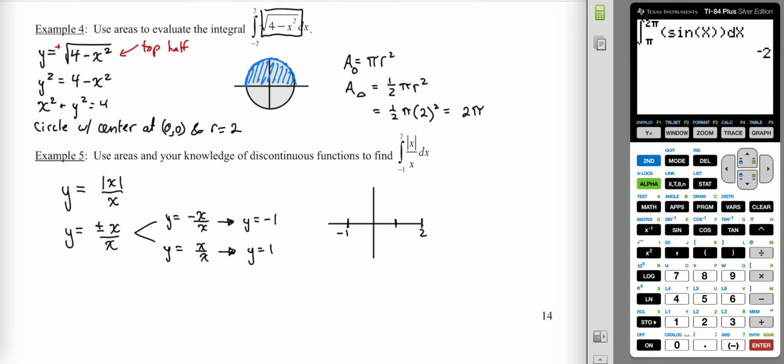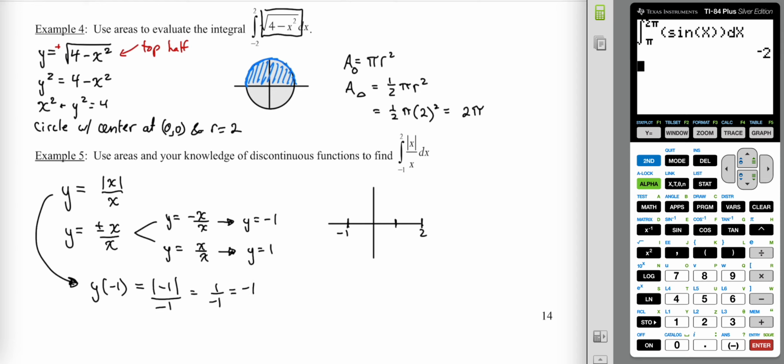Well, that goes back to the original function. If I take a -1 and pop it in for x here, what is y of -1? I'm looking at the absolute value of -1 over -1. 1 over -1 is going to be -1.